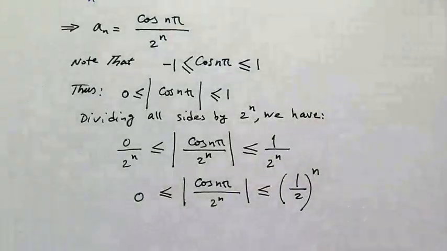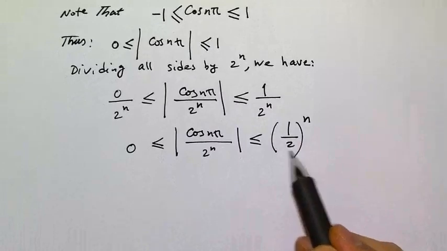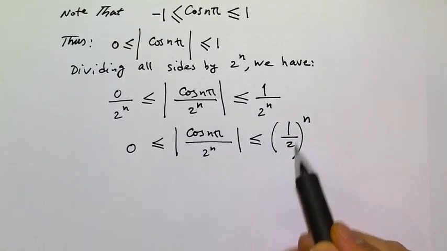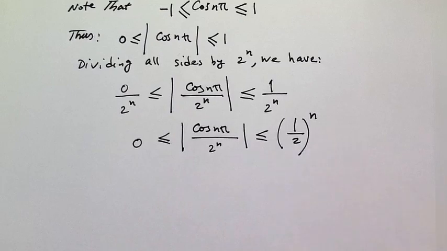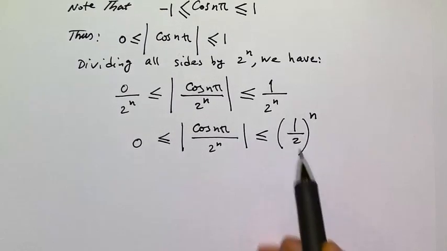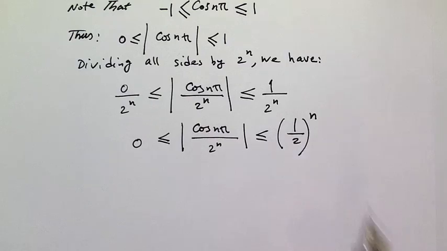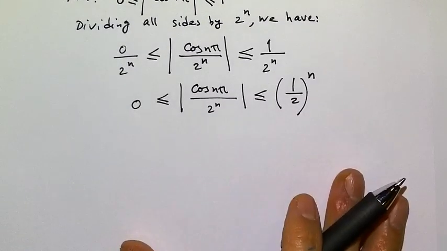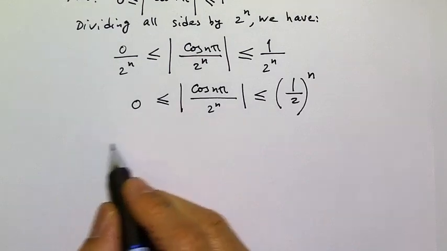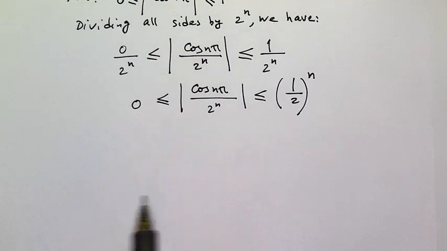So we know that this side is already 0. This side, we know by that identity that it's going to be 0 when we take the limit of it. In fact, let me write that down. Well, let me take the limit of all sides.